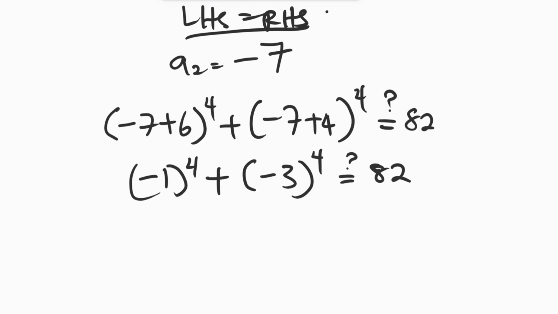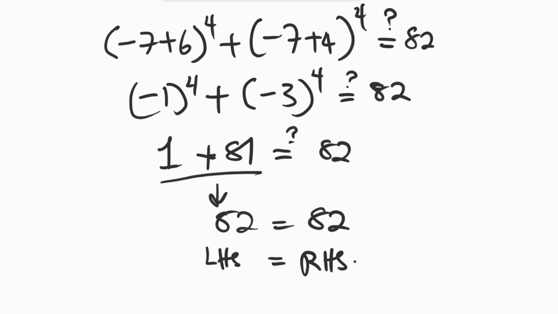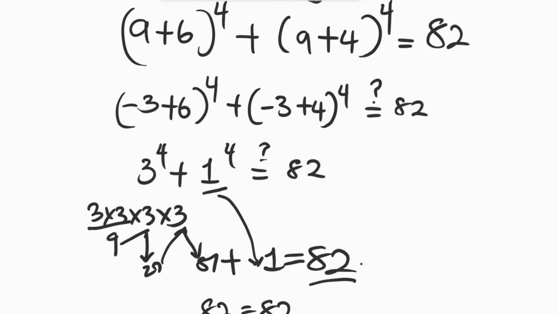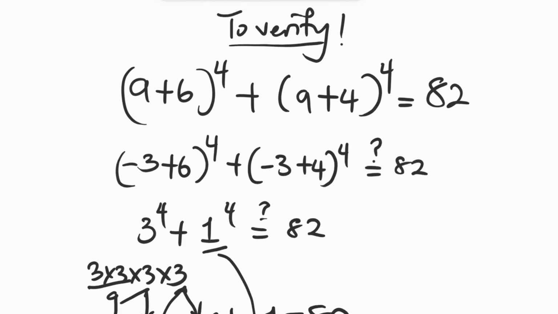A minus in 4 places becomes positive, so this is just 1 plus 3 raised to the power 4, which is 81. So 81 plus 1 will give us 82, which is exactly what we have on the right hand side. So the left hand side is equal to the right hand side. This simply means that we've been able to prove that the values of a, which are minus 3 and minus 7, are the correct answers to this question.